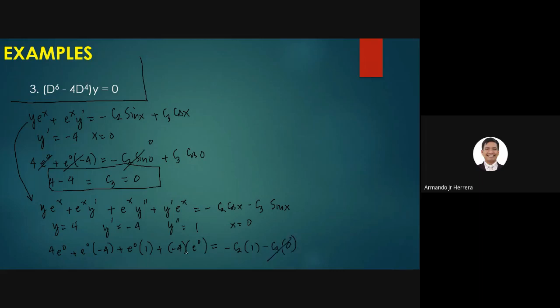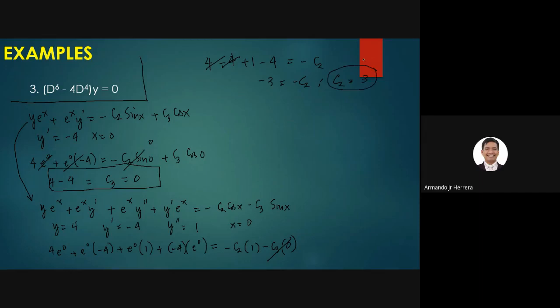So that cancels out. We have here 4 minus 4, 4 minus 4 plus 1, minus 4 equals negative C2. Then you have here negative 3 is negative C2, then C2 is positive 3.